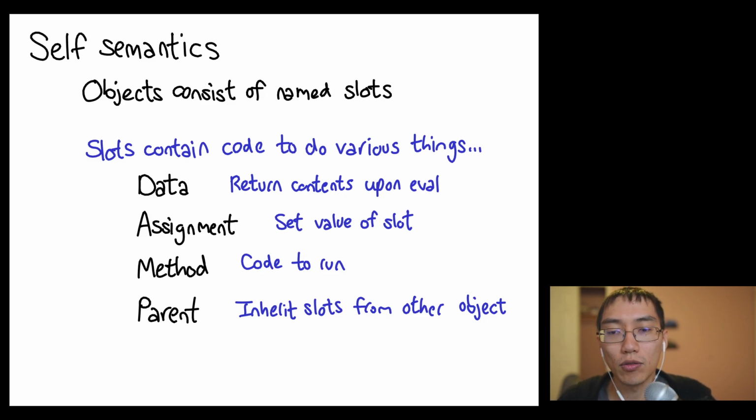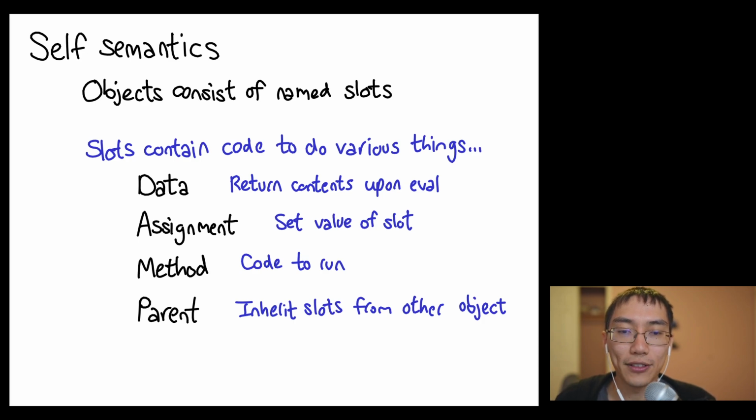So there are going to be a bunch of different types of code we can put, right? We can have data slots, which basically when you send a message to them, they just say, okay, here's what the content of that field was. We might want assignment slots, which basically say, hey, set the value of this slot to something else. We could have regular good old honest to goodness methods, which give you some code to run.